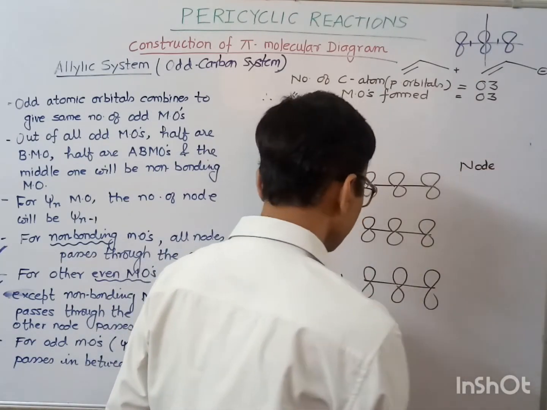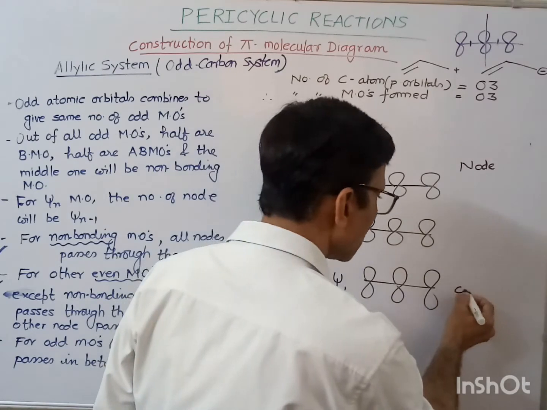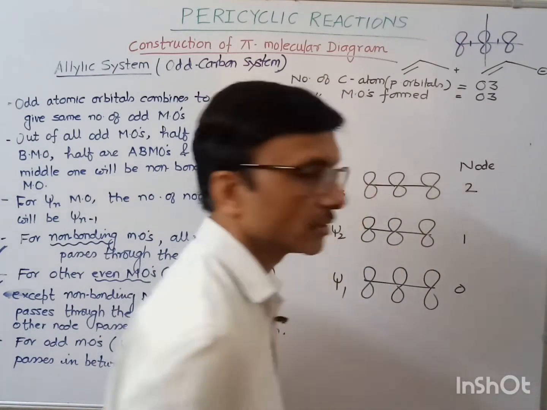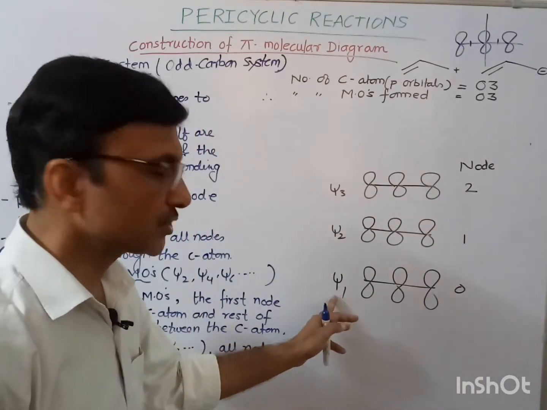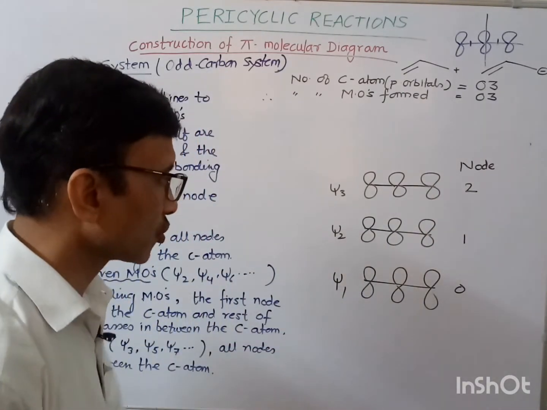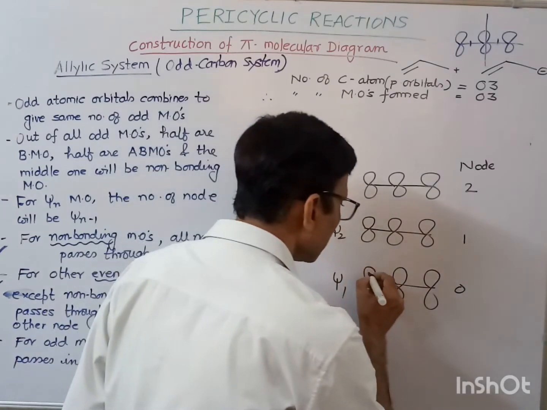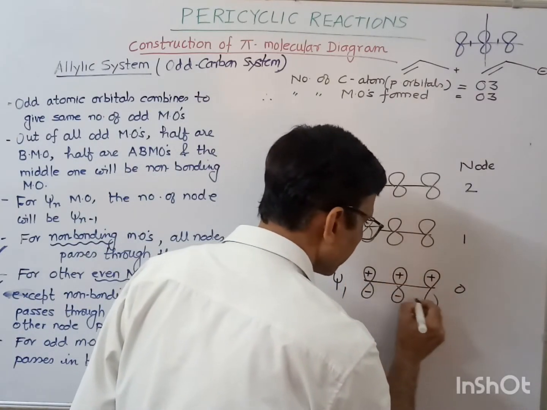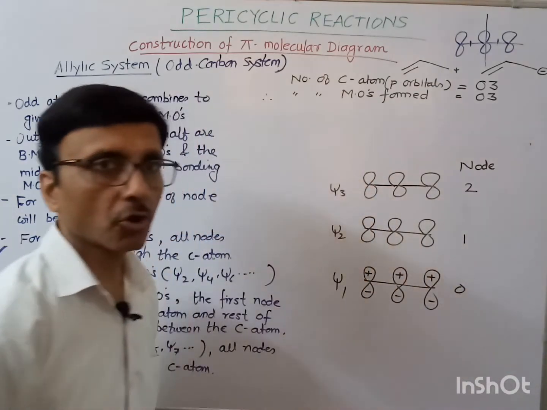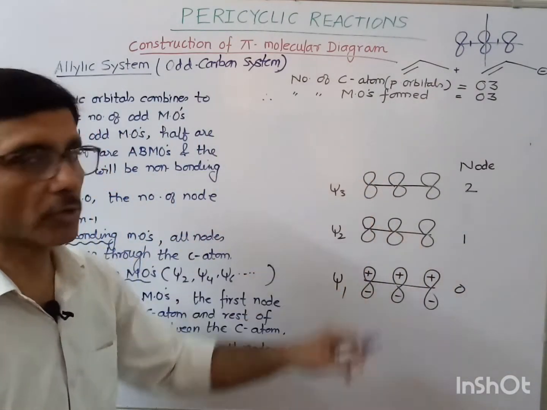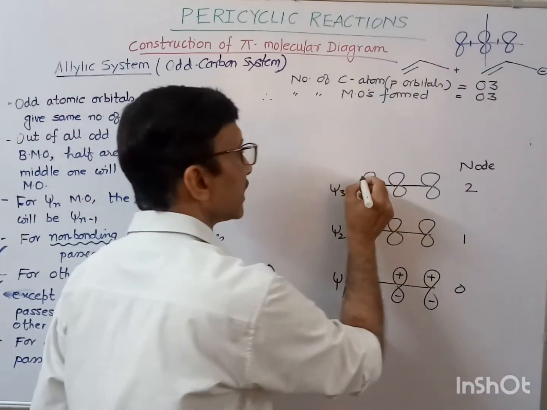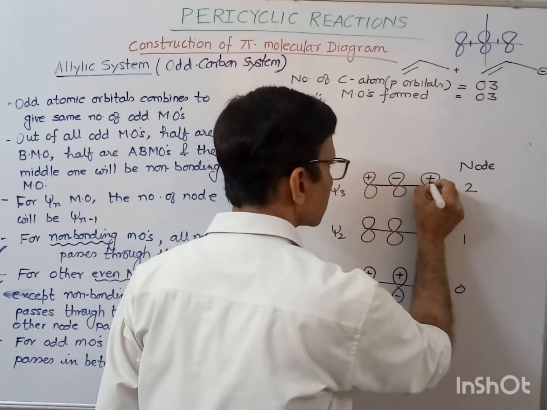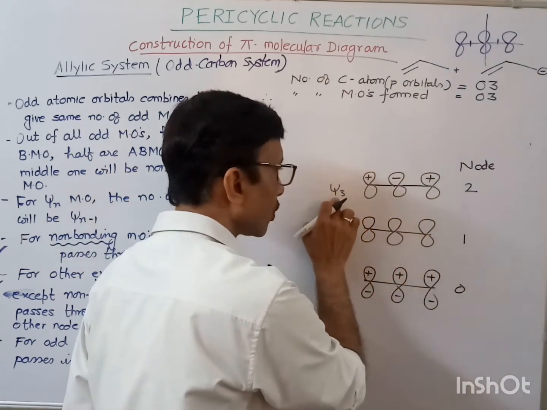Number of nodes: psi 1 means 0 nodes, psi 2 means 1 node, psi 3 means 2 nodes. This is the first molecular orbital, the lowest molecular orbital. It always has the positive sign, all lobes have the positive sign. The last molecular orbital, the highest energy molecular orbital, always has alternate signs, plus minus like this. So this is the odd molecular orbital.